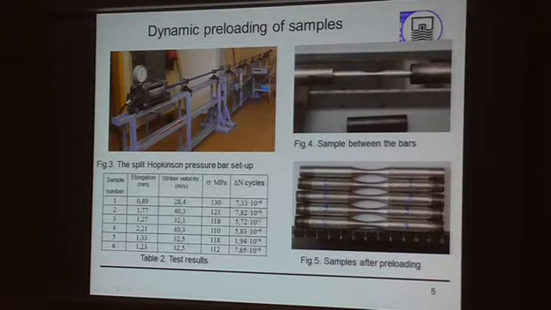In this slide, we can see dynamic preloading of the samples in the split Hopkinson pressure bar setup, and we can see the sample between the bars, samples after preloading, and some test results.